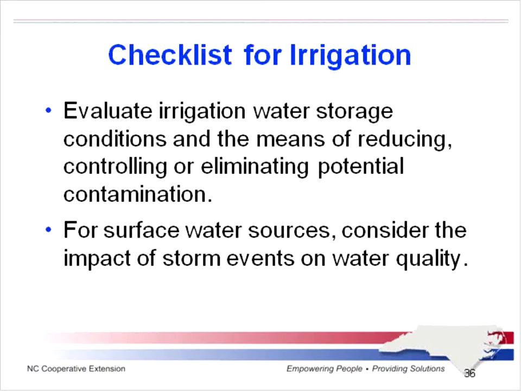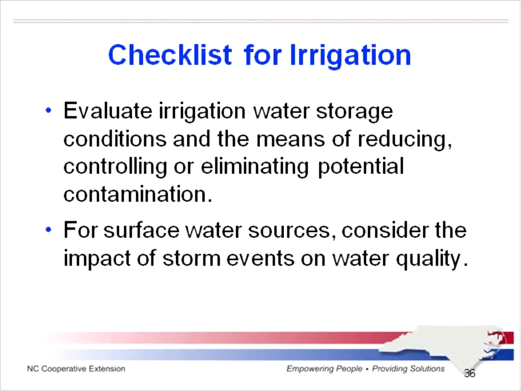You should create a checklist for your irrigation system, evaluate any irrigation water storage conditions, and try to evaluate the means for reducing or controlling potential contamination from those water sources.